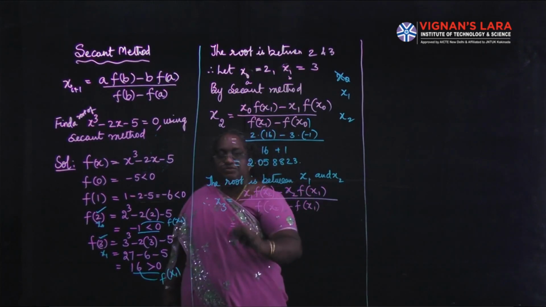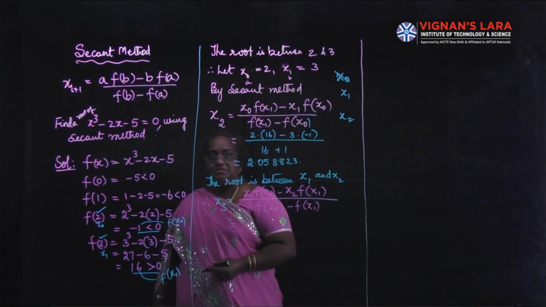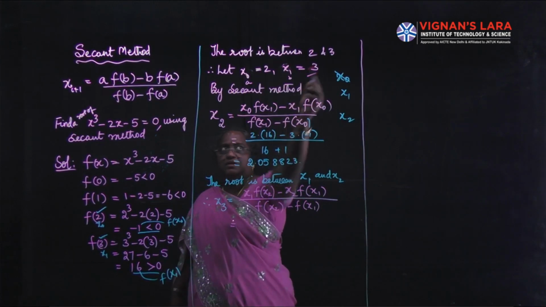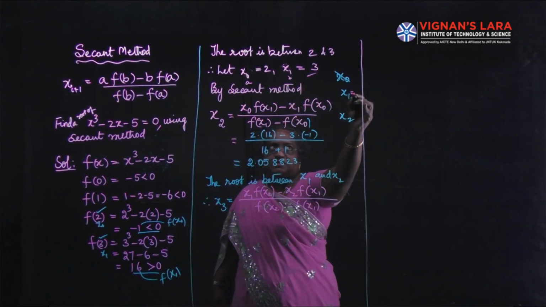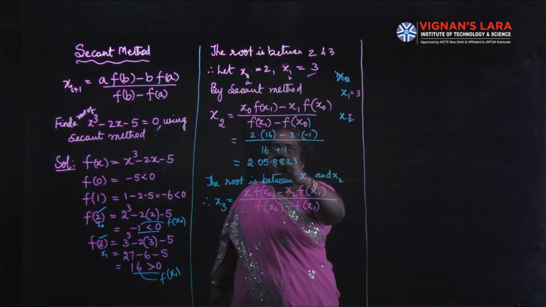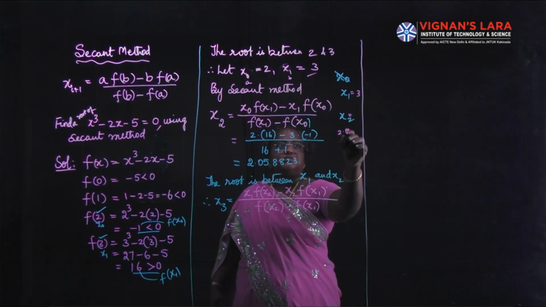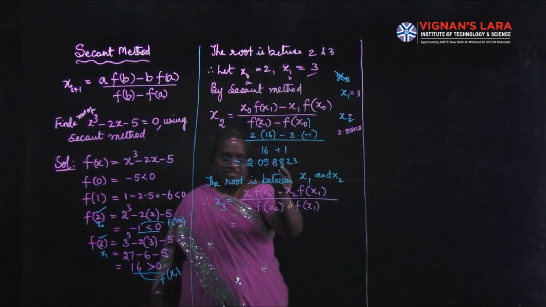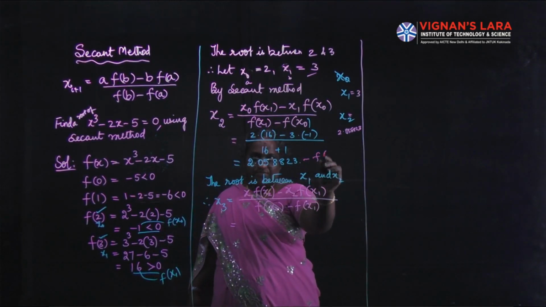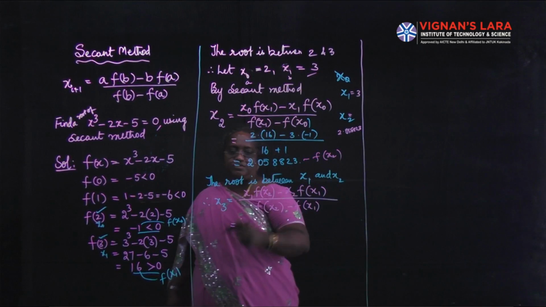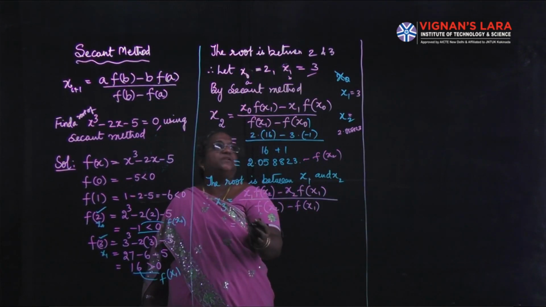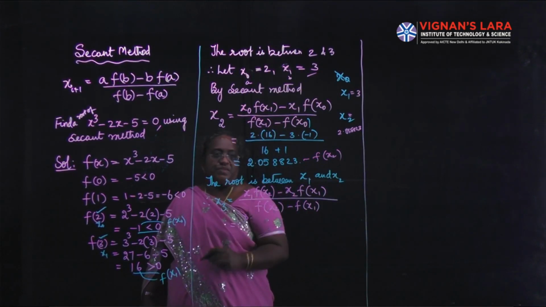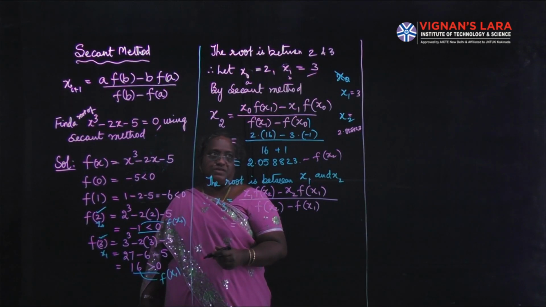So if you substitute those values, x1 is 3, x2 is just now we got 2.058823. So f of x2 is this one. So we will substitute those values.